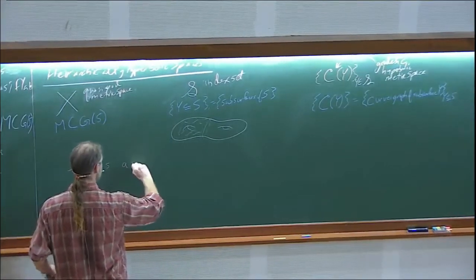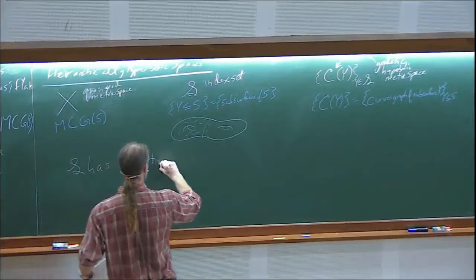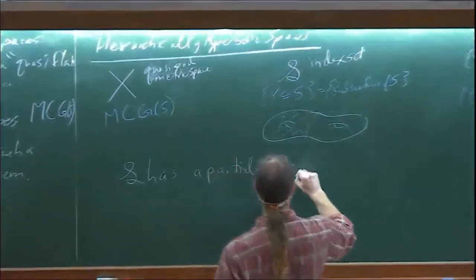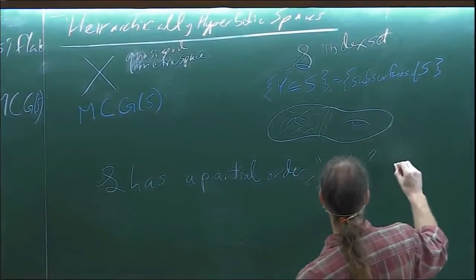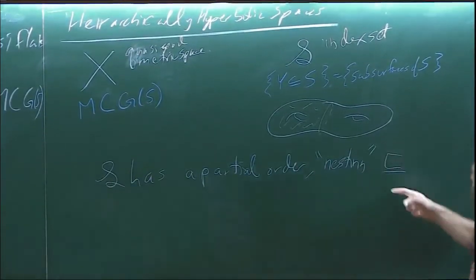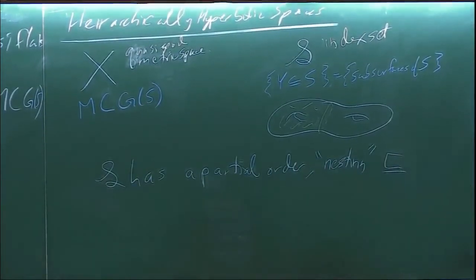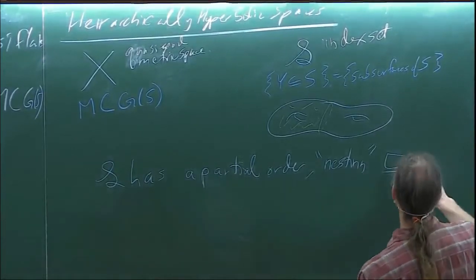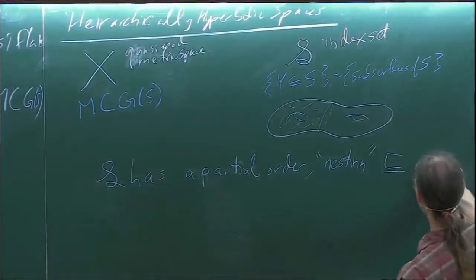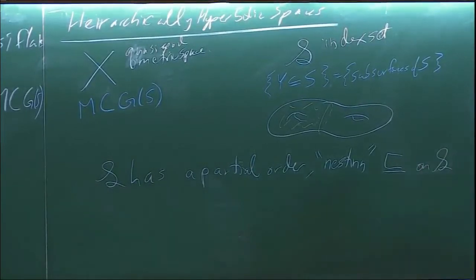S has a partial order, which we generally call nesting, and we usually denote by a square containment sign. So there's some partial order called nesting on elements of S. And there's a few properties of this nesting.